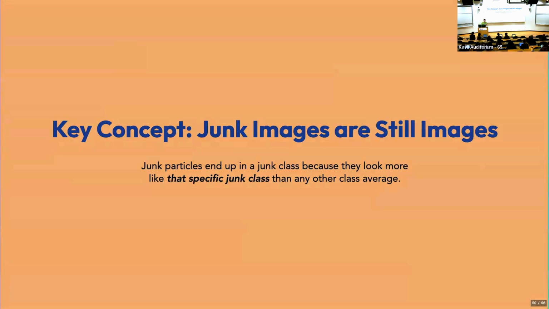It just says these images look like each other, okay? So junk particles end up in a junk class because they look like that specific junk class more than any other class average. And that's the important thing: you're always putting a particle in the bin that it looks the most like. And so you need to have a bin that looks like that junk, okay?